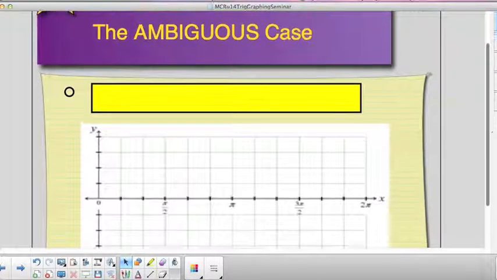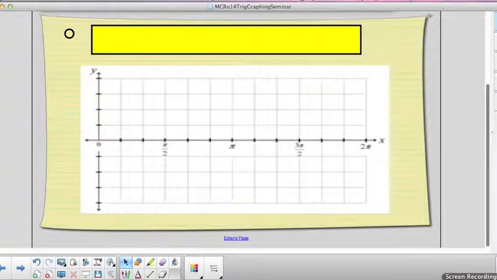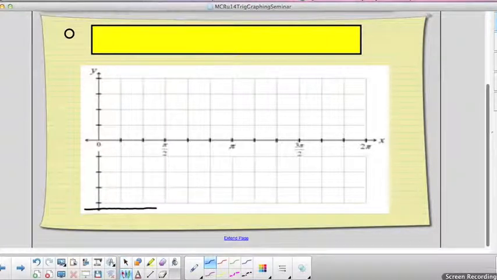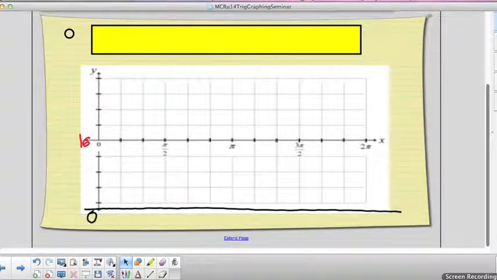So forget about radians, but I do want to talk about the sine function. We'll put my axis along here. Let's pretend that the original axis, 0, is here. I know the axis of symmetry has been shifted up by 16. So over here, that's going to be 16. Now, let me draw my original sine function.